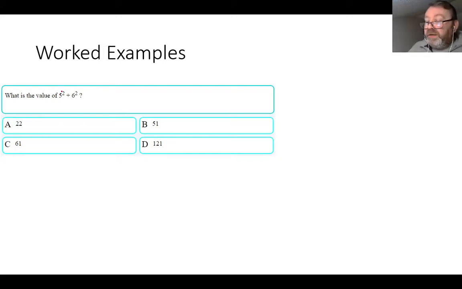So that means that I can't do anything collectively in this question. I have to do it individually. 5 squared, 25. 6 squared, 36. 25 and 36 is 61. Part C, that's the answer.